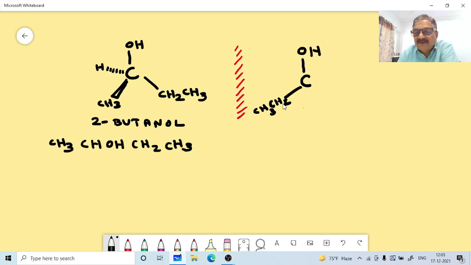Okay, CH3, CH2 here. Then we have the methyl group. Then hydrogen behind. Correct. This is the mirror image of 2-butanol.